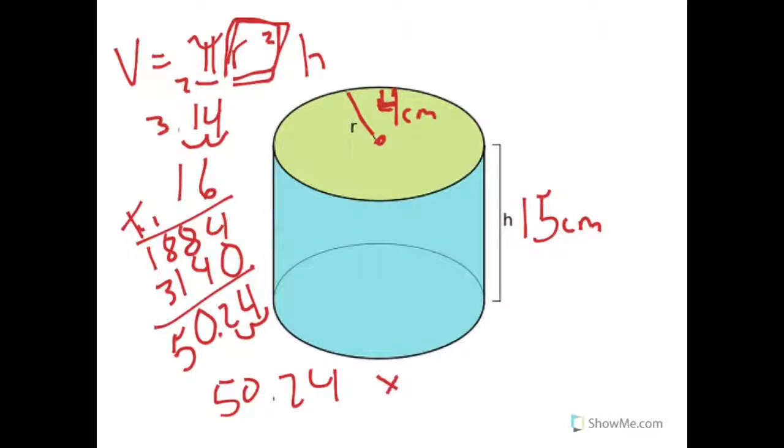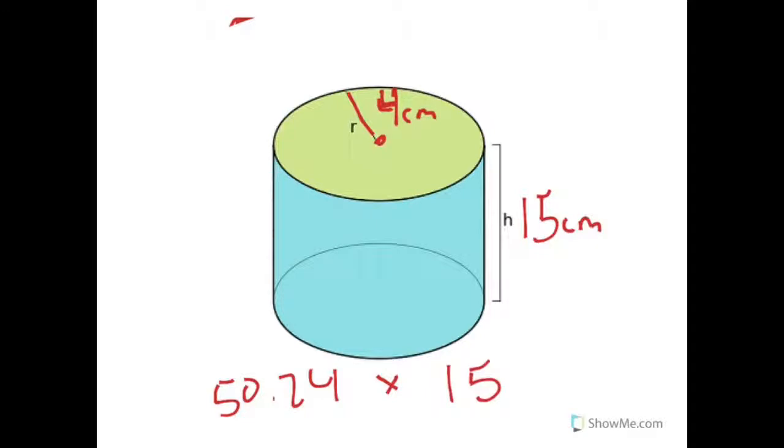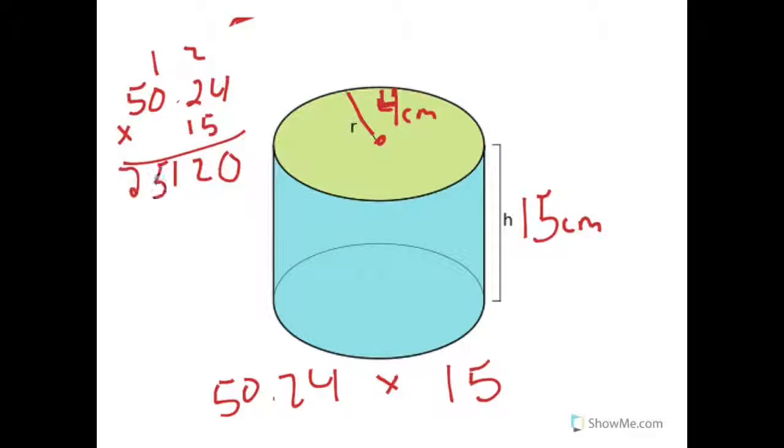Now we still need to multiply by the height, which is 15. Make a little extra room here, okay? So we have 50.24 times 15. Excuse me. 5 times 4 is 20. 5 times 2 is 10. Plus 2 is 12. 5 times 0 is 0 plus 1. 5 times 5 is 25.